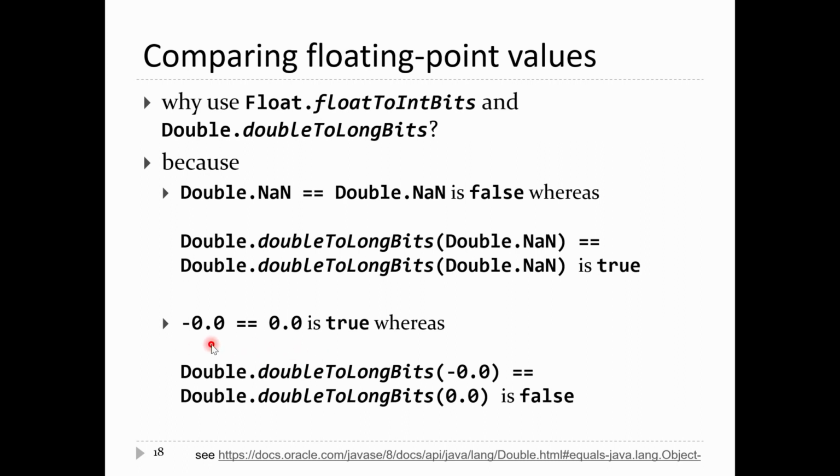The standard library considers -0 to be less than 0. So again, if you use doubleToLongBits and compare these two values, you get false. -0 is not equal to 0 if you look at their bit patterns. So that's consistency with the standard library, and that's to deal with floating point weirdness.